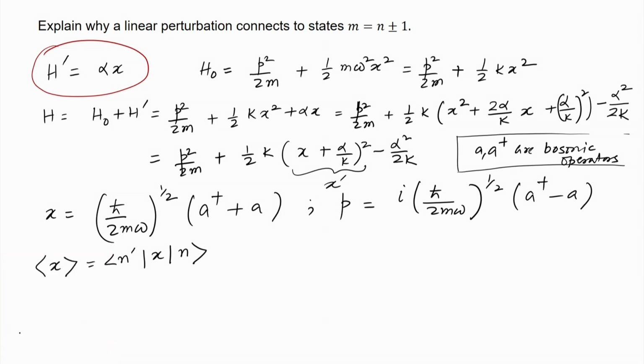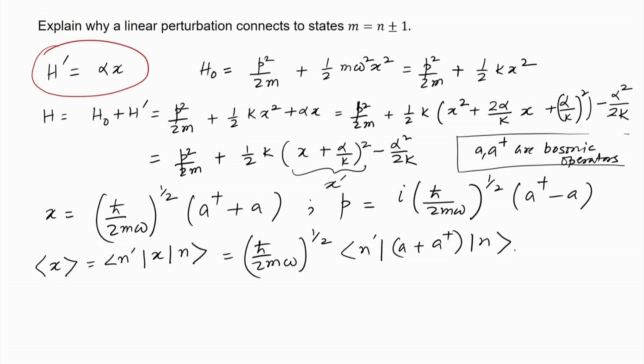In order to do that, one can write this down as h cross by 2 m omega to the power half, and now we have n prime a plus a dagger n and so on.